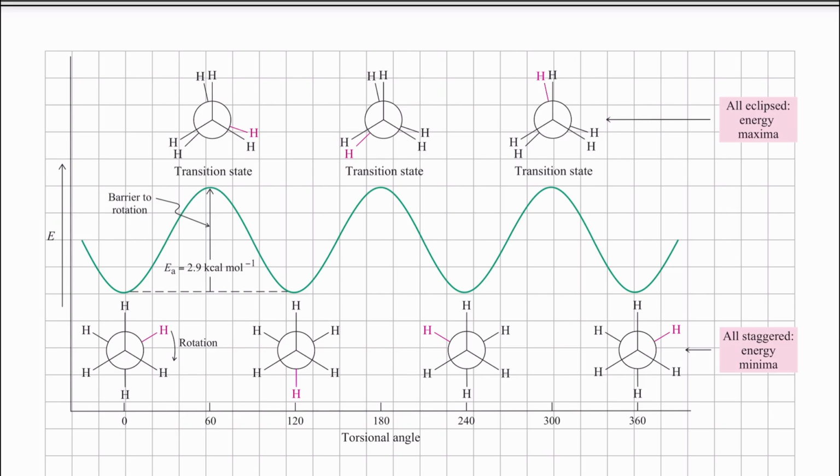And you can see here it is written torsional angle. What is torsional angle? Actually, the situation that two hydrogens are opposite each other and they have a great repulsion is called torsional strain. Or you can also say rotational strain. I'm going to write it for you. Torsional strain.